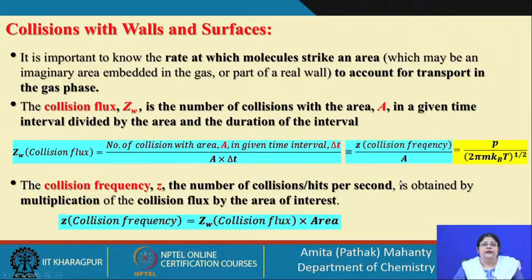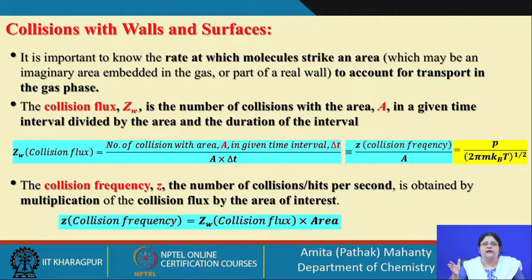Okay. Now, when we are talking about collisions, we have talked about the mean free path. The next thing which is important in understanding the transport properties associated with the gas phase is to find out the rate at which molecules strike an area, an imaginary area in the gas phase or a real wall. For this, we are looking into a flux.